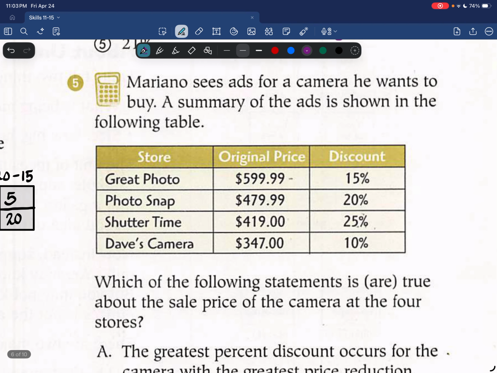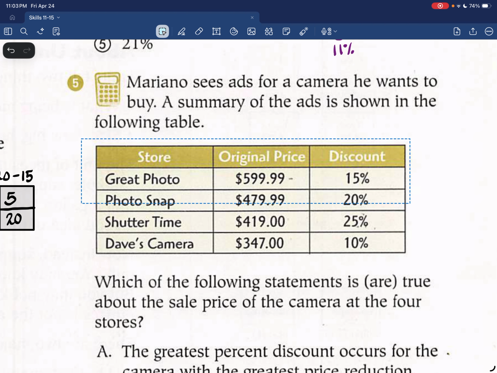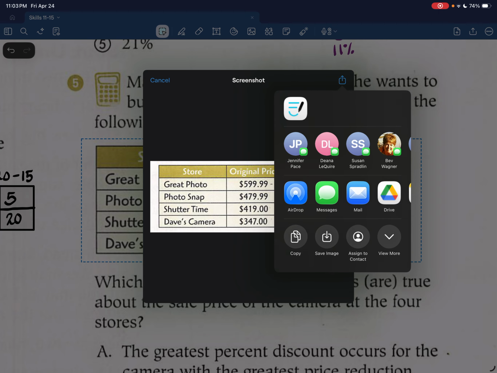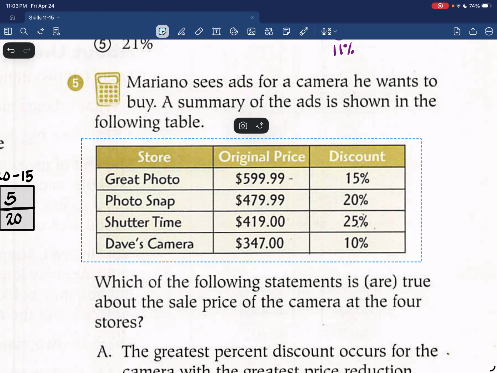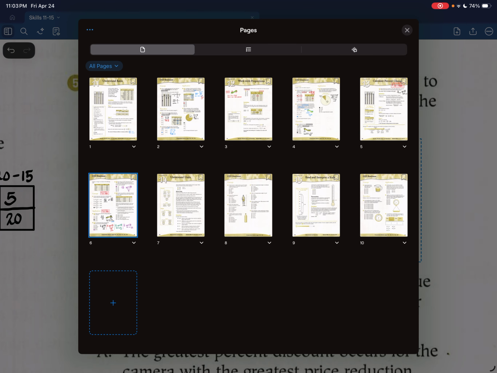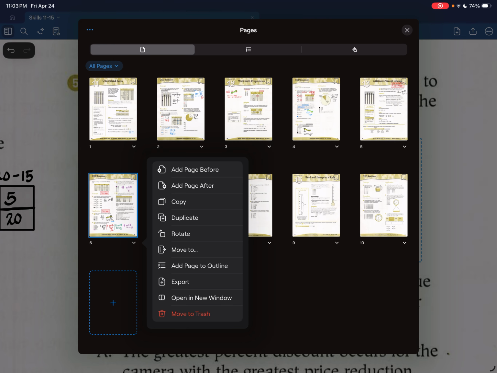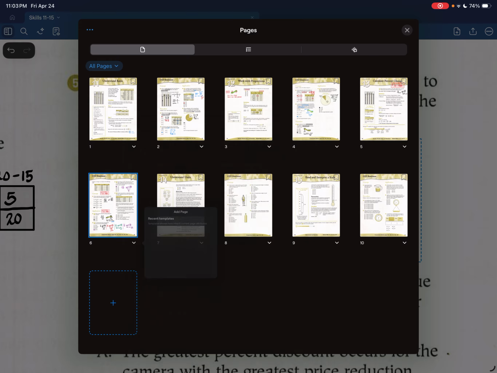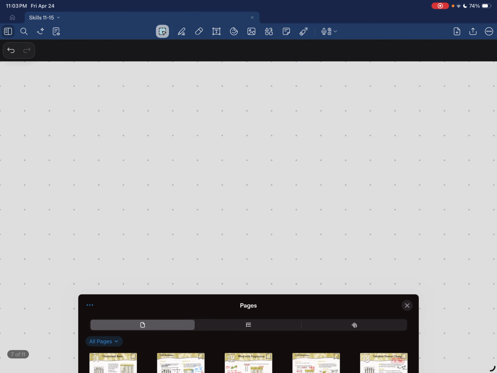And I am out of room, so let me do this. I'm going to take a snapshot of this and hopefully find some paper. Let me see if I can add a blank piece of paper. Was that a calculator question? I hope so, but if not, it's okay.